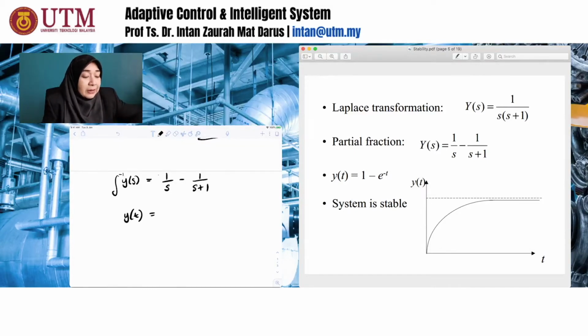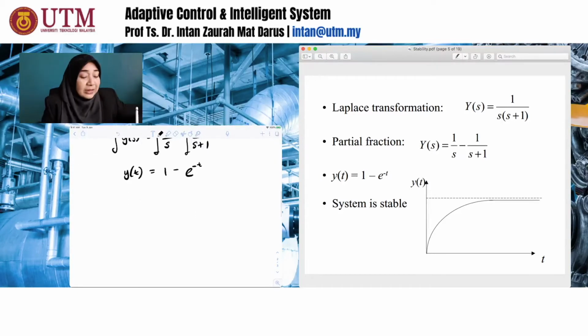The inverse Laplace of 1 over s will give me 1, and the inverse Laplace of 1 over s plus 1 will give me 1 multiplied by exponential of minus t.